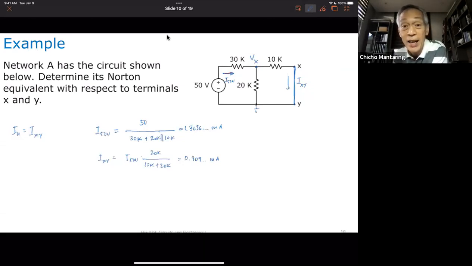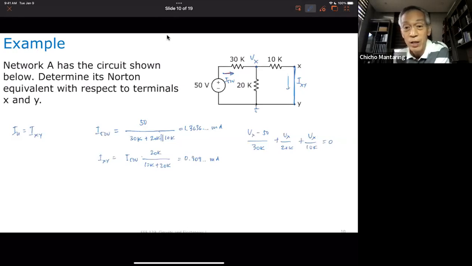So I can apply KCL, I can do nodal analysis here. What is my nodal analysis here? That's going to be Vx minus 50 over 30K, plus Vx over 20K, plus Vx over 10K is equal to 0.